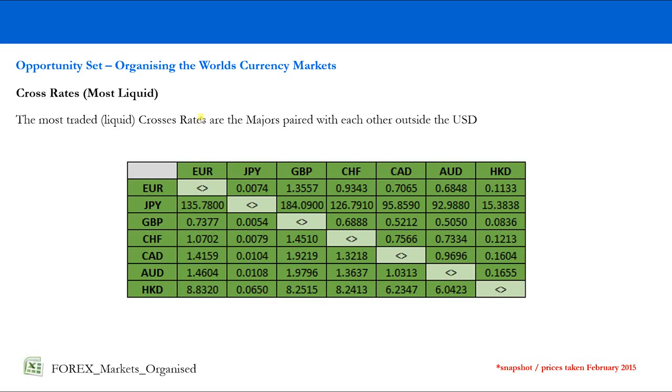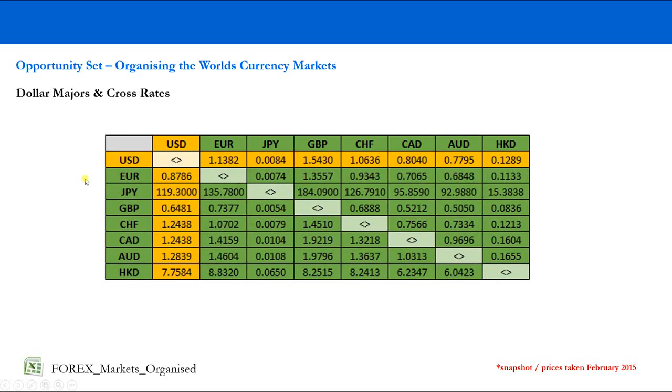So, for example, we have here the Canadian dollar quoted against the rest of the major currencies. So the Canadian dollar here buys 95.859 Japanese yen. And this is the table, when you combine the whole lot, this is the table that you're going to see all the time in general media outlets, the dollar majors and the cross rates.